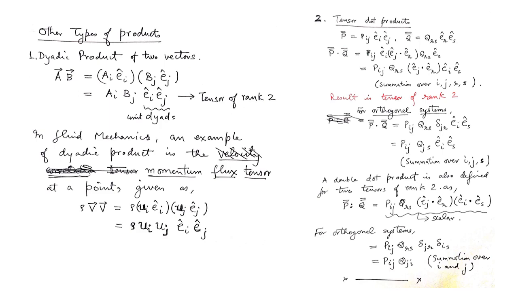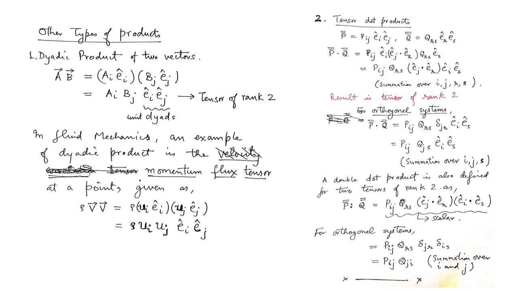So Pij Qrs becomes Pij Qjs, and delta jj is then 1, leaving Ei Es. Now you have a simplified expression with repeating indices i, j and s, so summation is over i, j and s. So for orthogonal systems the summation is only over 3 indices. The result is still a tensor of rank 2. This is a general result: if you take a dot product of two rank 2 tensors, the result is again a tensor of rank 2.